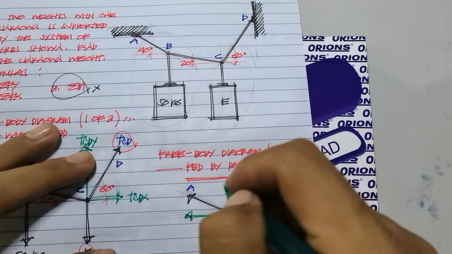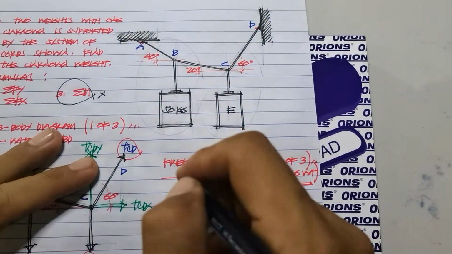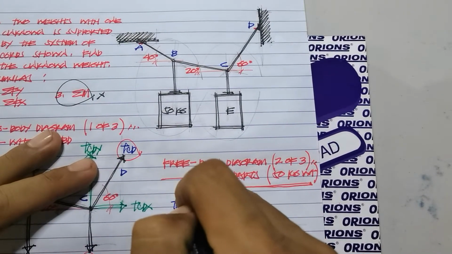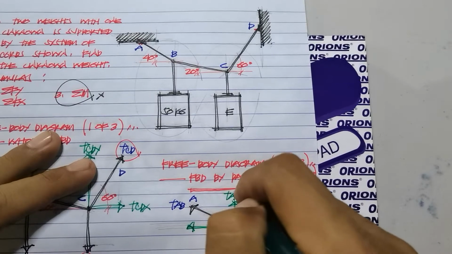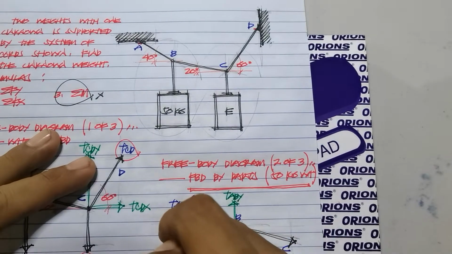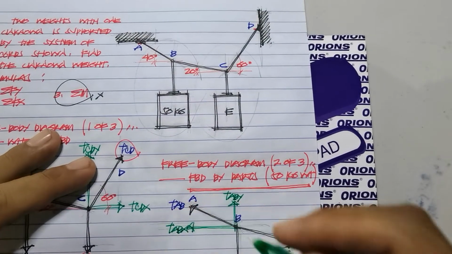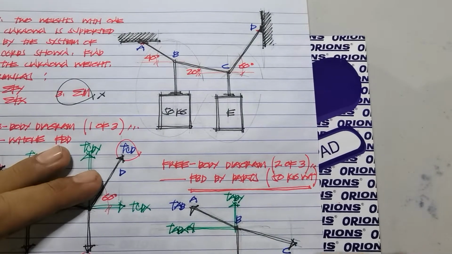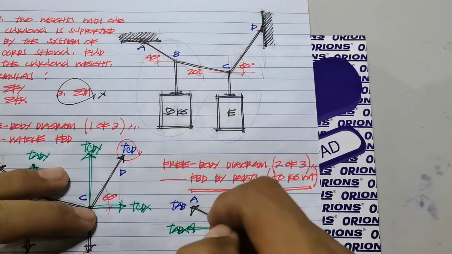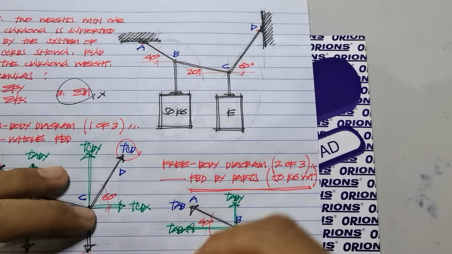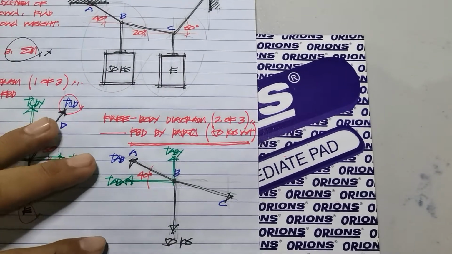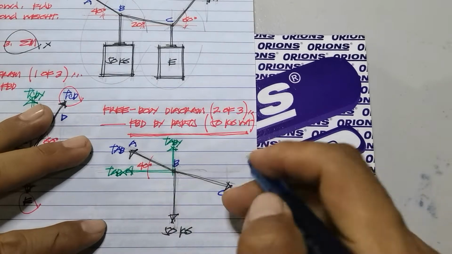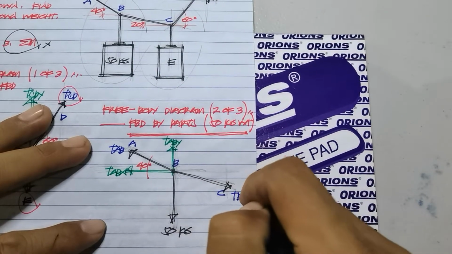According to the labeling, this is TAB. So this vertical component is TAB of Y, and this is TAB of X. The angle involved here is 40 degrees. On the other hand, this is location BC, so you have tension BC.